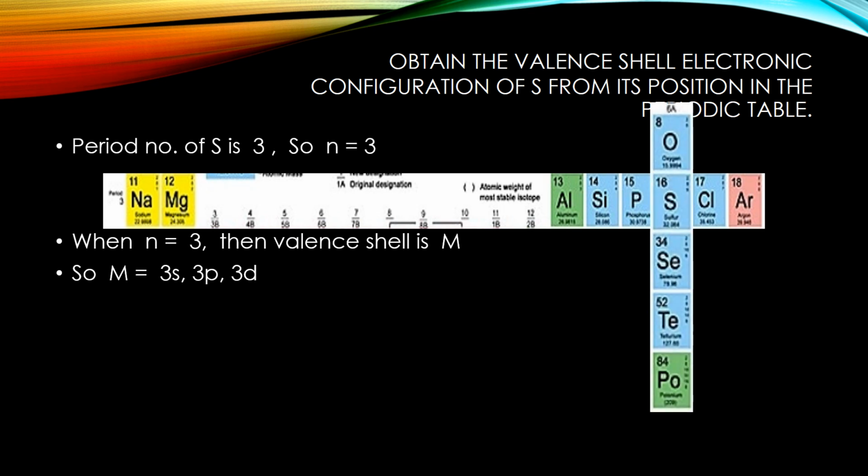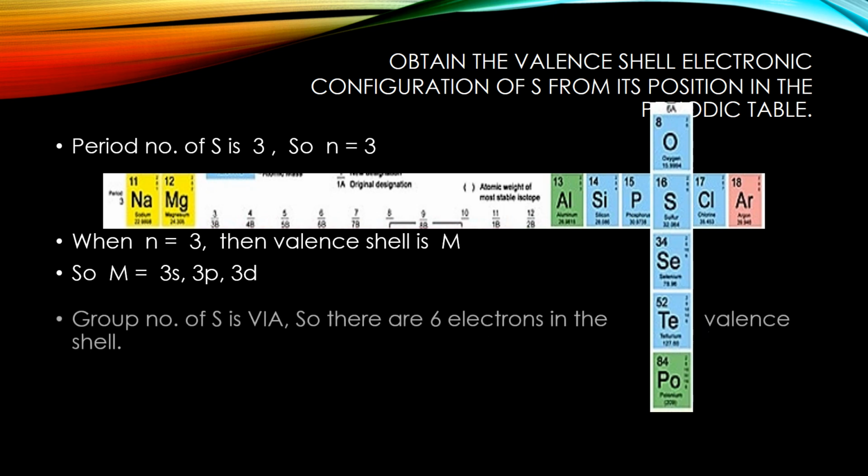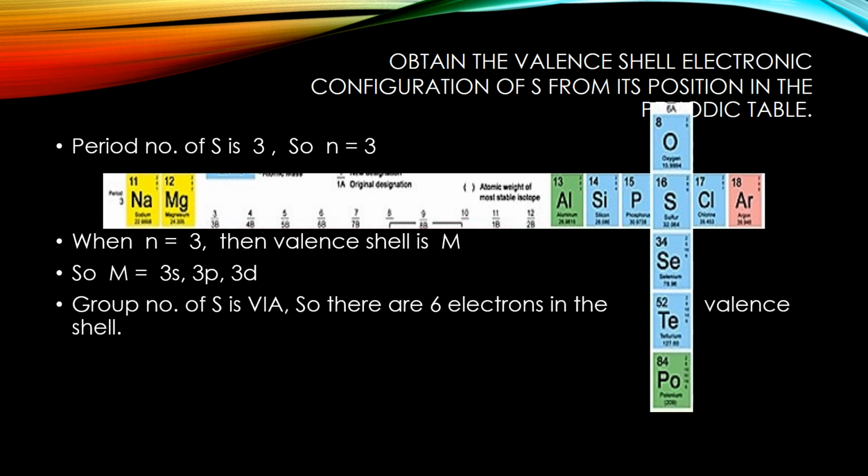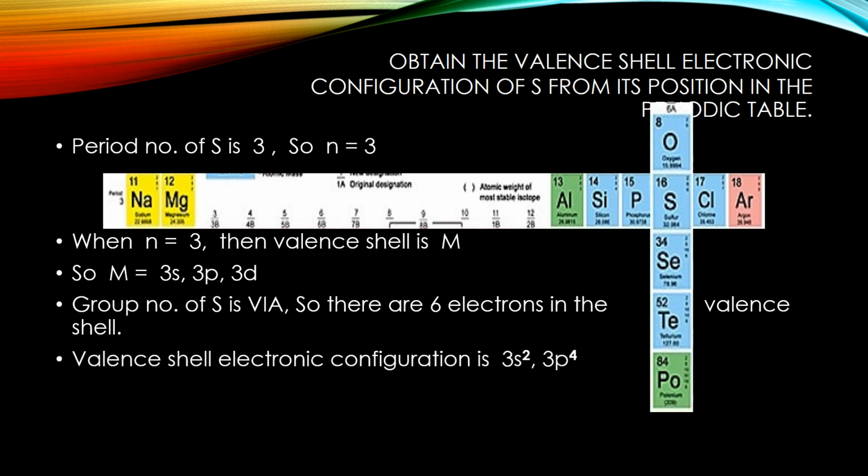Now the group number of sulfur is 6A. The 6A group indicates that sulfur has 6 valence electrons. So we will accommodate these 6 valence electrons in the M shell, as 3s2 and 3p4. Up till here 6 electrons are completed. 3s2 and 3p4 is the valence shell electronic configuration.